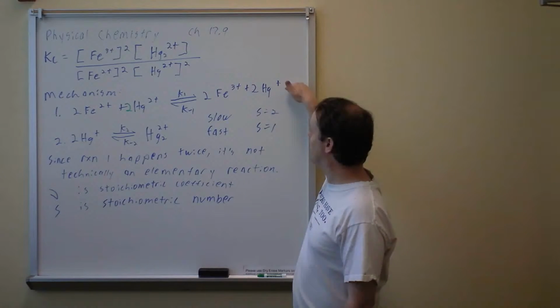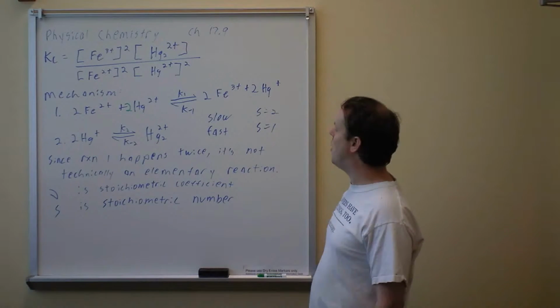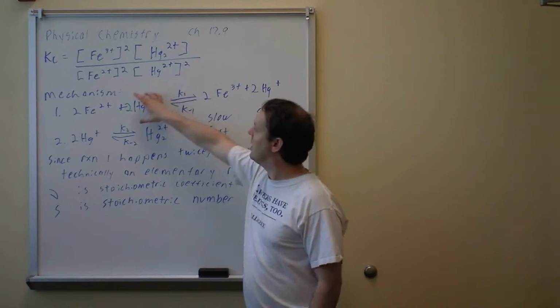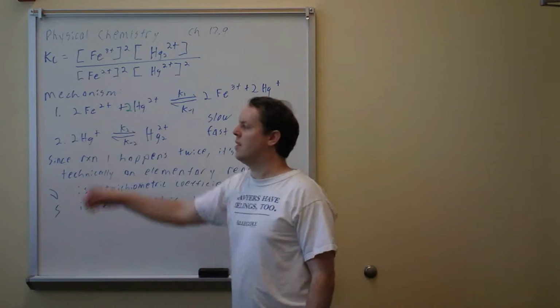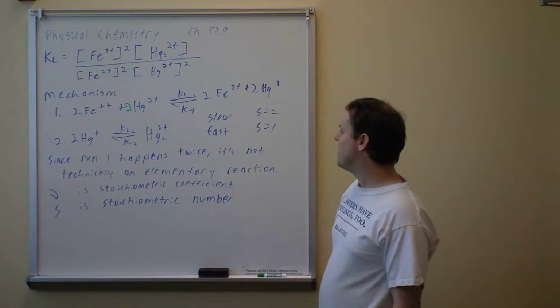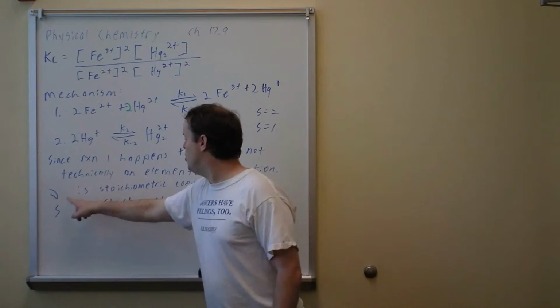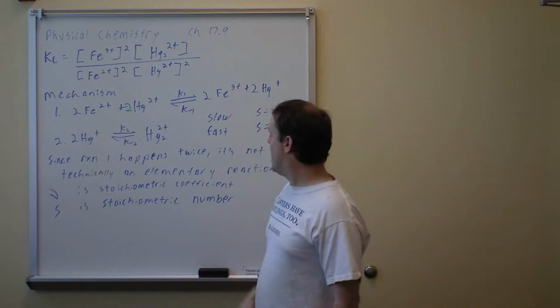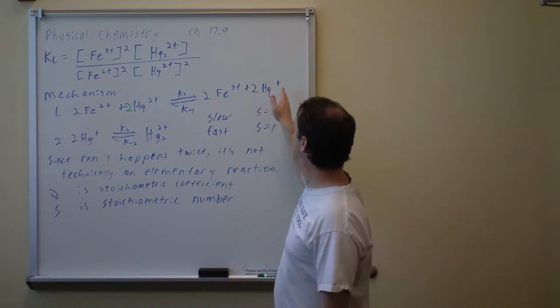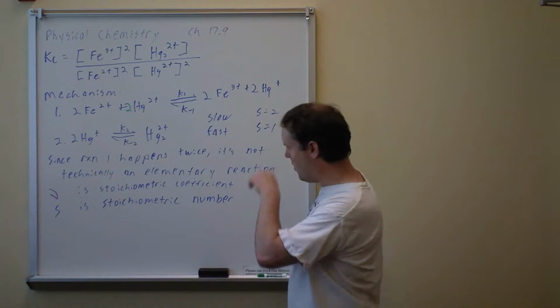Now, since we're actually doing this first step twice, the way it's written is not an elementary reaction anymore. If we had 1, 1, 1, 1, that's your elementary reaction. So remember, the symbol nu is your stoichiometric coefficient. So, 1, 2, 2, 2. And then the stoichiometric number is whatever is out in front of the whole equation.